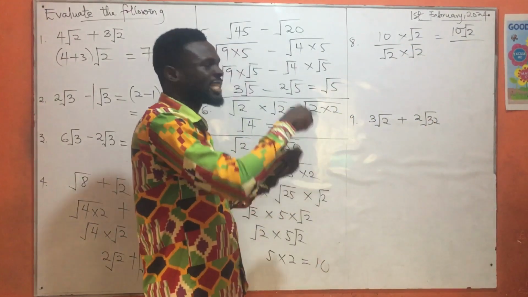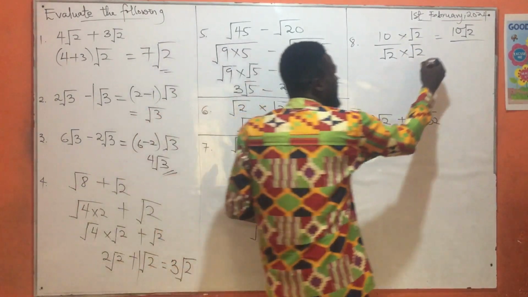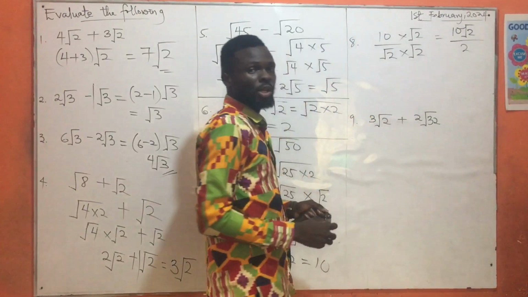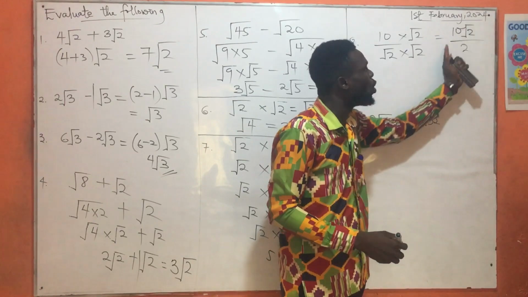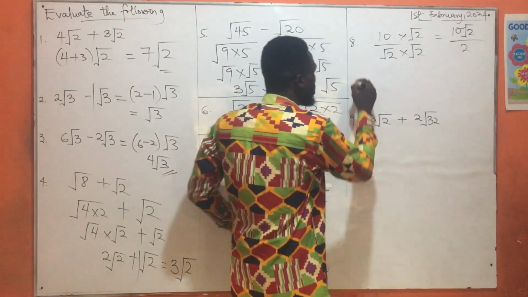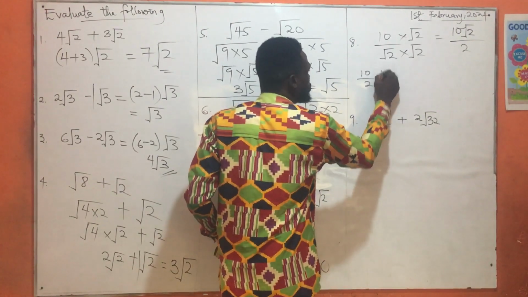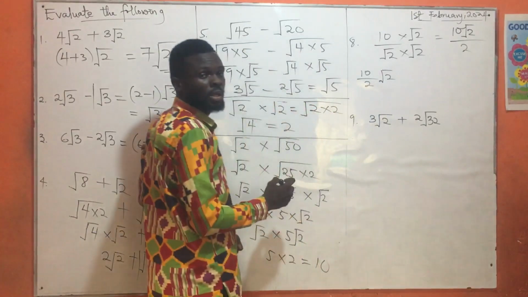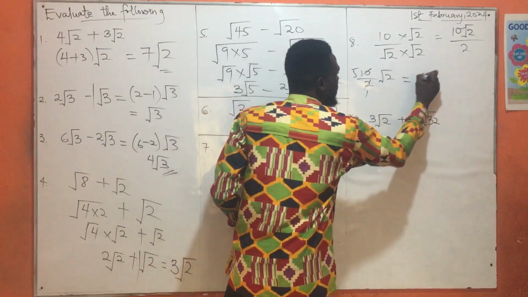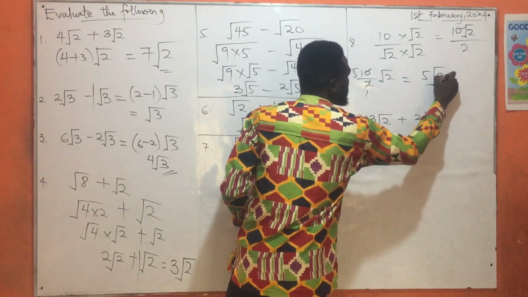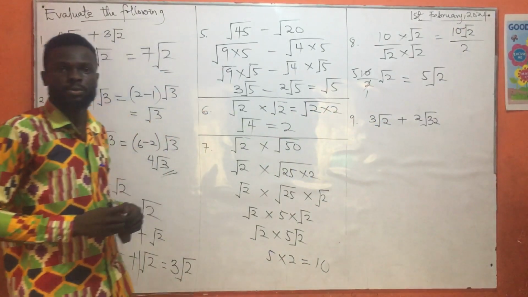When a surd is multiplying itself, it gives you the number in the square root. So this gives you 2. Now you have 10 surd 2 all over 2, which can also be written as 10 over 2 times surd 2. So the 2 can cancel out: 2 here 1, 2 here 5. So we now have 5 surd 2 to solve for.